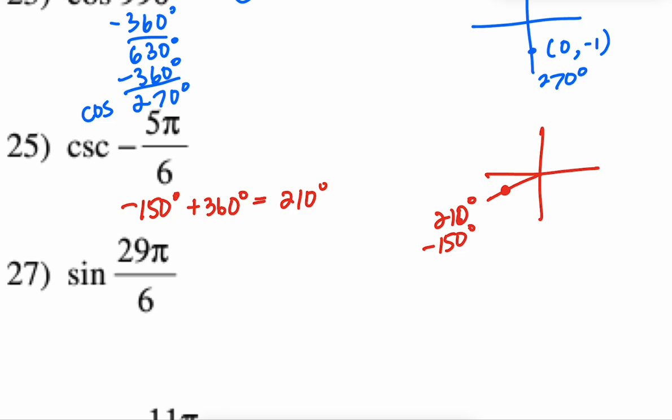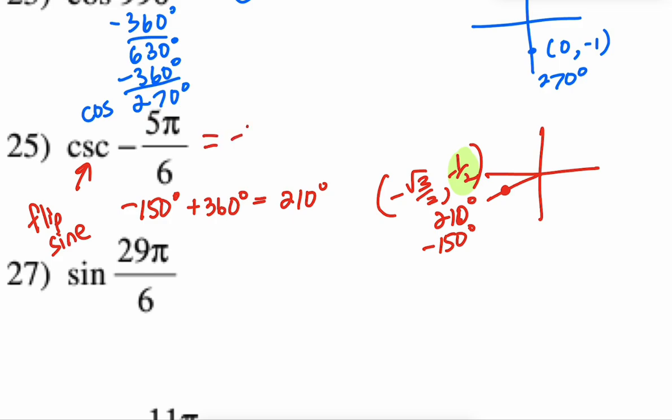Pi over 6, remember, is your 30. The point there is negative square root of 3 over 2, negative 1/2. They're both negative in that quadrant. That 30 relationship always uses square root of 3 over 2, 1/2. The cosecant means that we have to flip the sign. So just take the fraction you see in the y spot and flip it upside down.